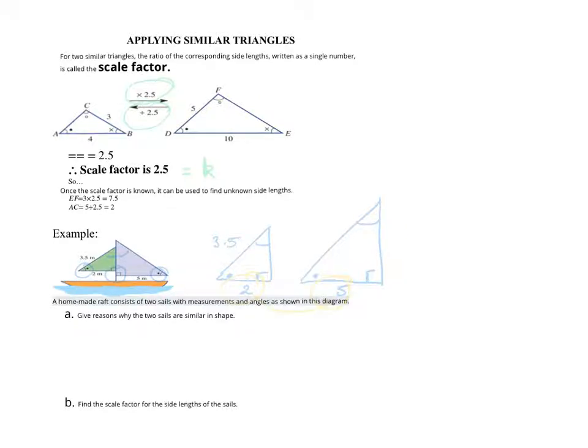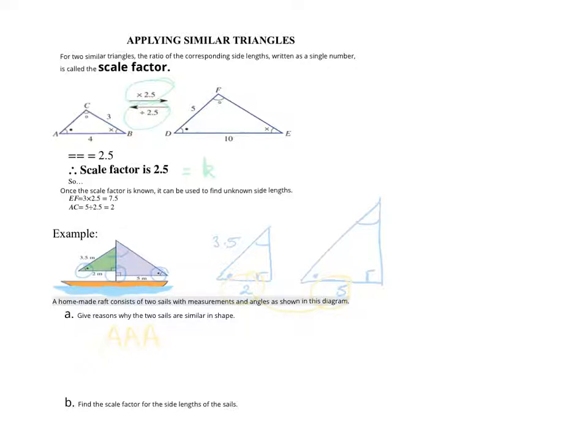Because these triangles have the same angles, they are similar by the rule angle, angle, angle: all 3 corresponding angles are the same. Given that, the next part says find the scale factor for the side lengths of the sails.